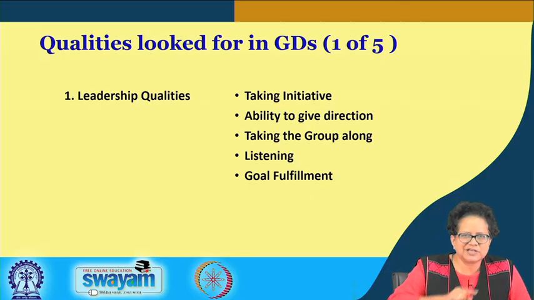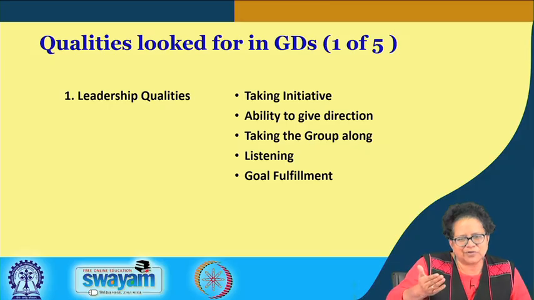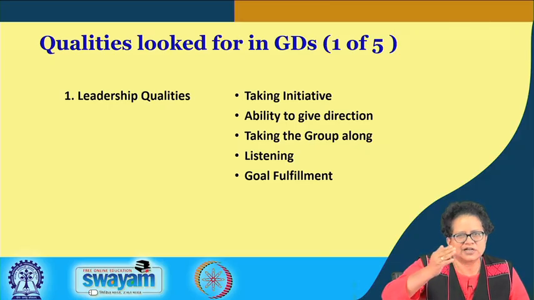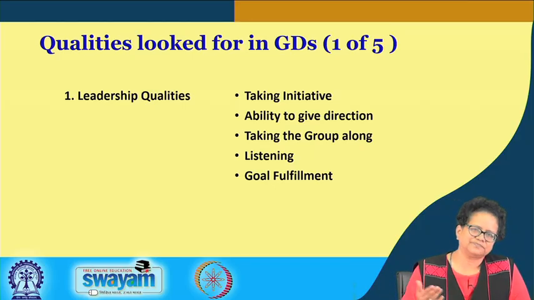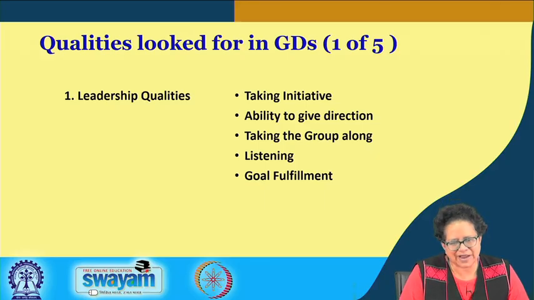So, it becomes like a circle. He or she is one who starts the GD because he or she takes the initiative, ability to give direction, take the group along, listening, and finally goal fulfillment. This is the advice: if you do these 5 points, then you display the leader in you.